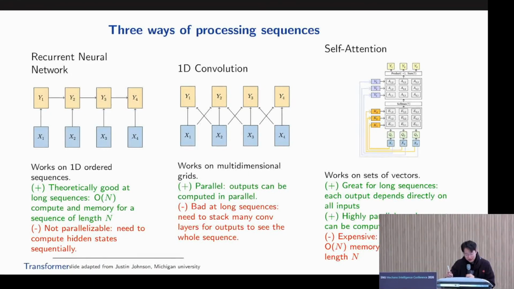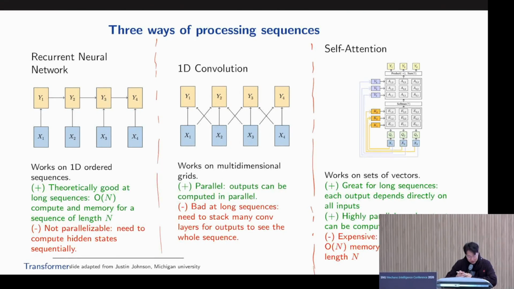So before we go deeper, let's first take a step back and contrast the different architectures that we talked about. We talked about RNNs today for processing a sequence of inputs and outputs.